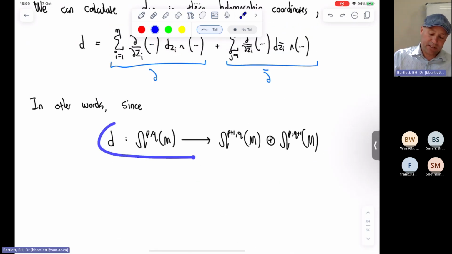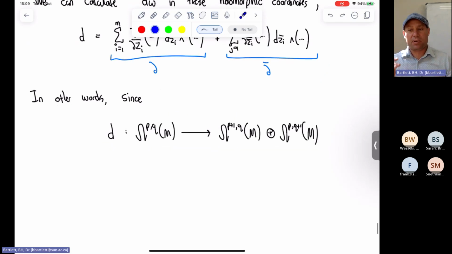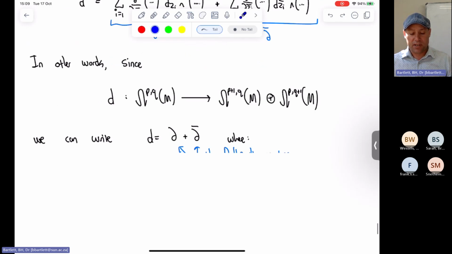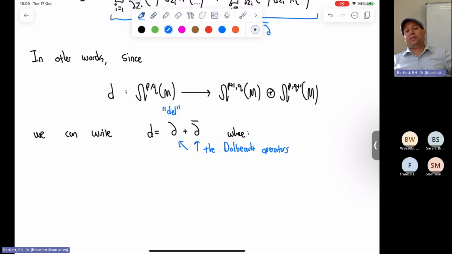So since that's the case, that means we can decompose the exterior derivative map on a complex manifold as the sum of del, just to say how you pronounce this, this is del, D-E-L, del plus del bar.